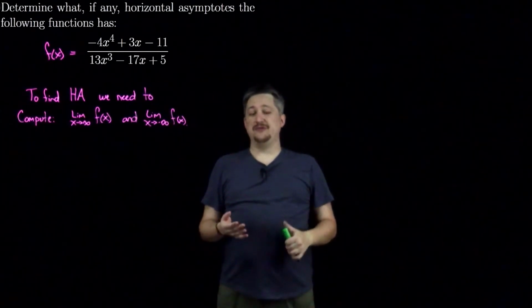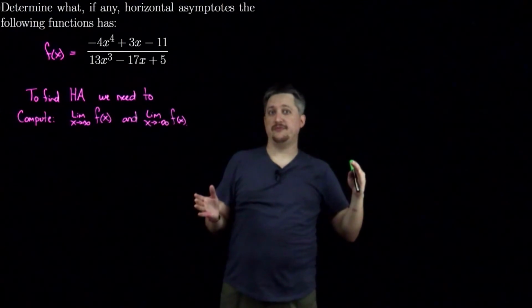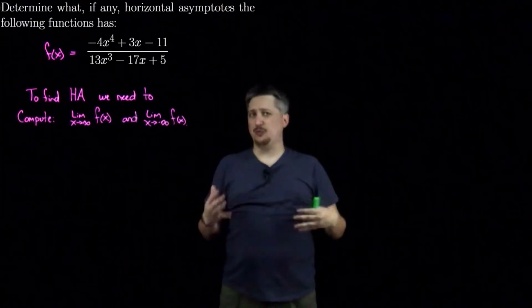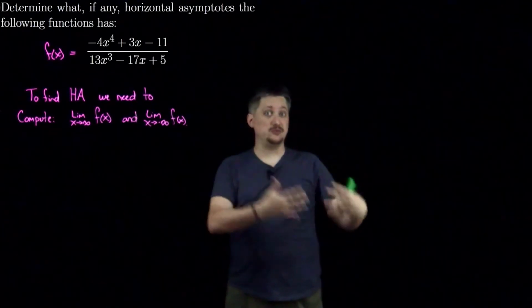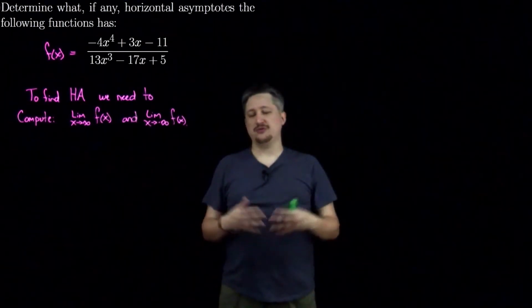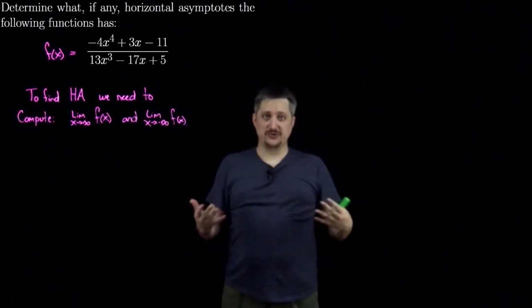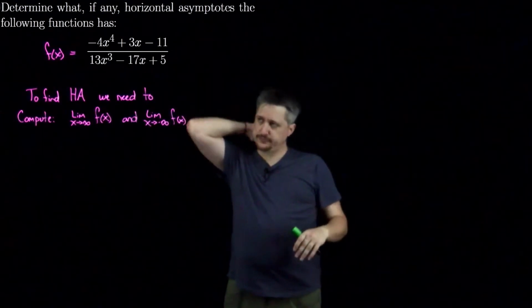But the point is they behave in a way that is predictable from one side to the other. So this is why it ends up being that way, but I want to stress that this is a feature of polynomials. If you have other things like e to the x, an exponential, or log or square roots, that's not always the case. You want to be careful.